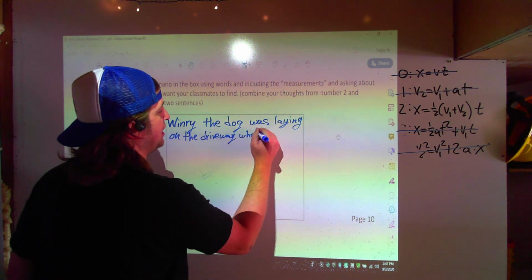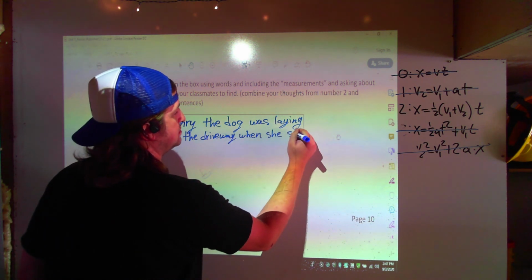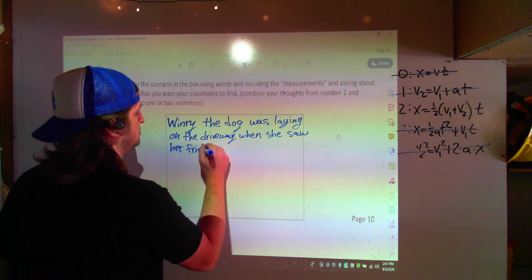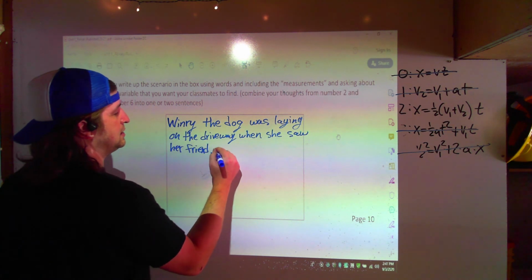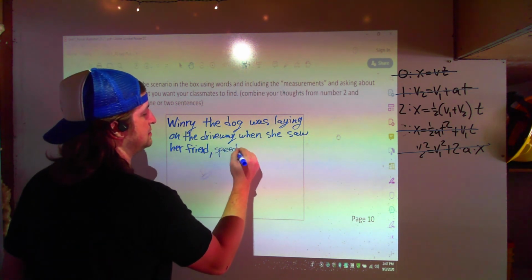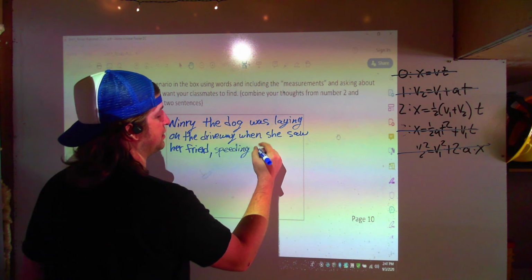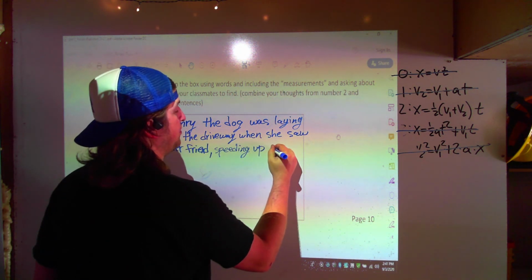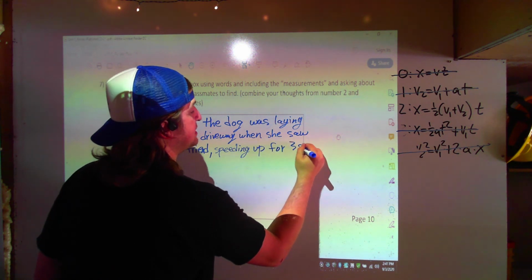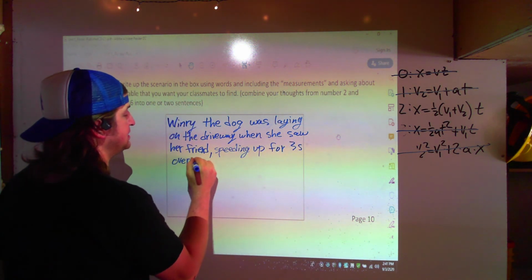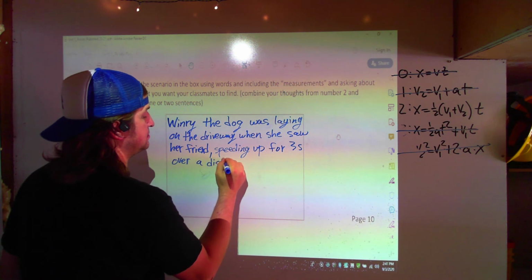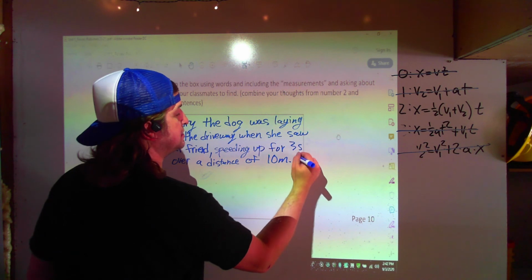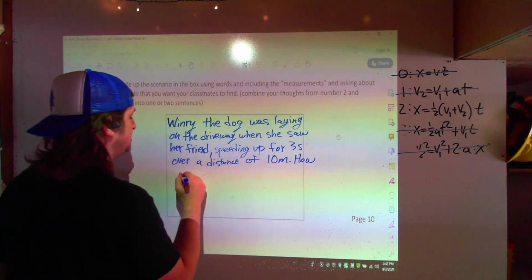When she saw her friend, speeding up, that tells us she's accelerating. We don't care about the acceleration, but that is what she's doing. Up for 3 seconds over a distance of 10 meters. How fast does she go?